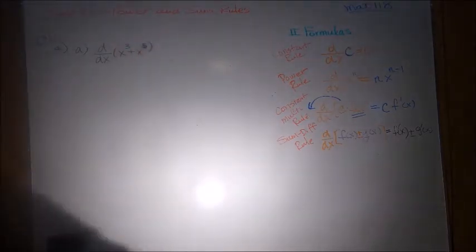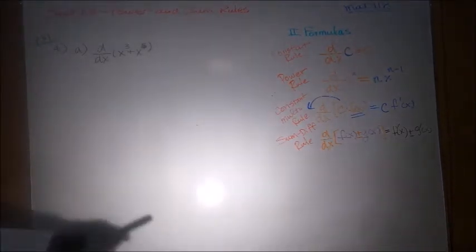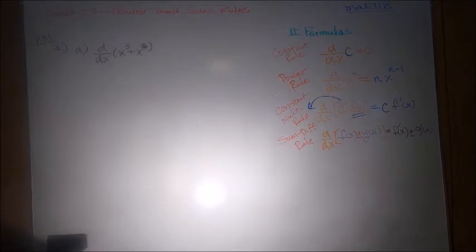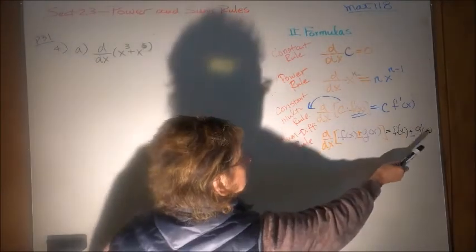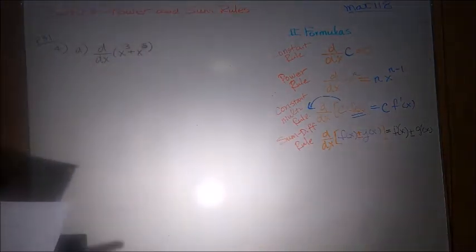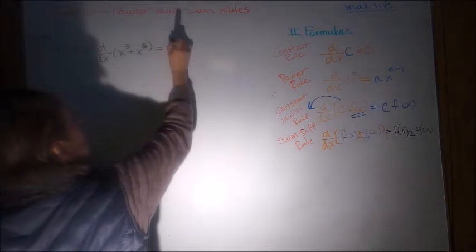So what does this rule say? It says you just do f and g individually, then put it together. So what you need to do is what?